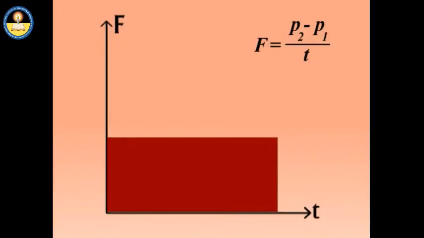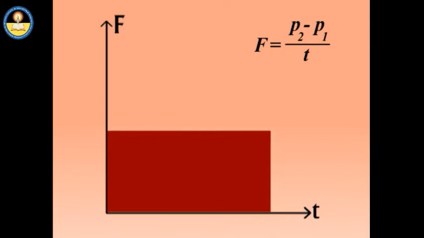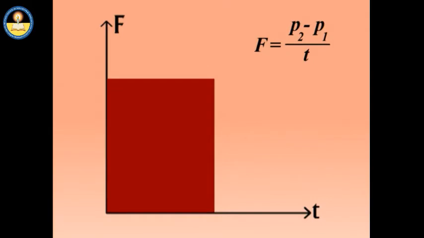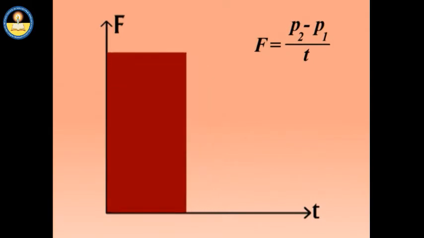It can be seen that a small force acting over a long period of time can produce the same change in momentum as a large force acting for a short period. Therefore, to reduce damages, the stopping time can be increased to a desired level.